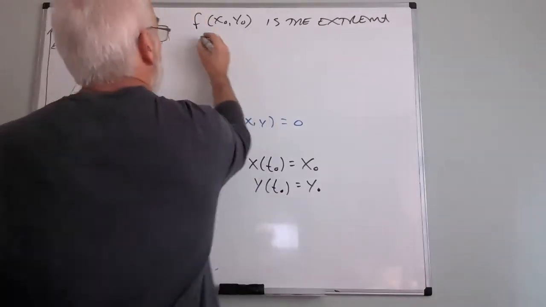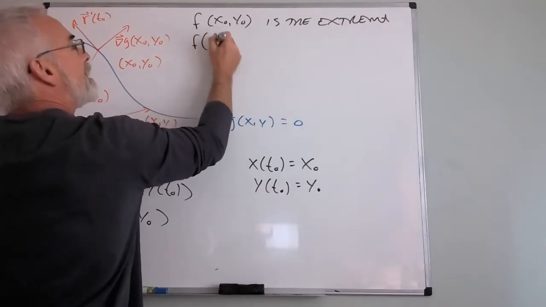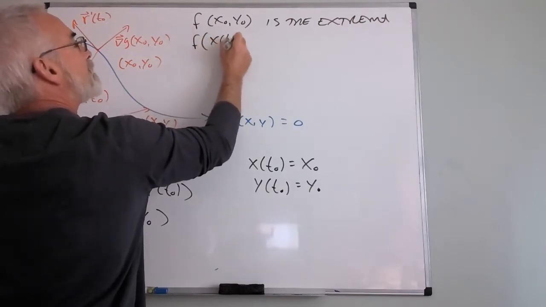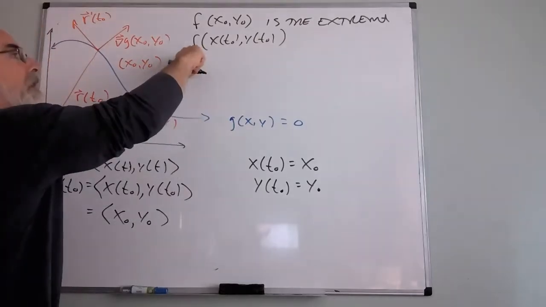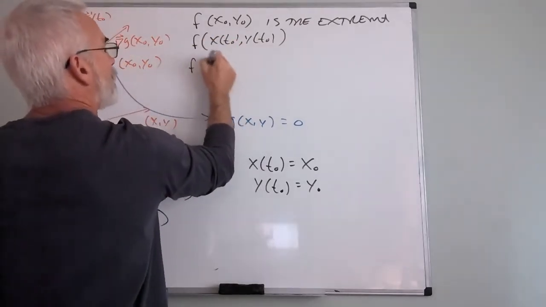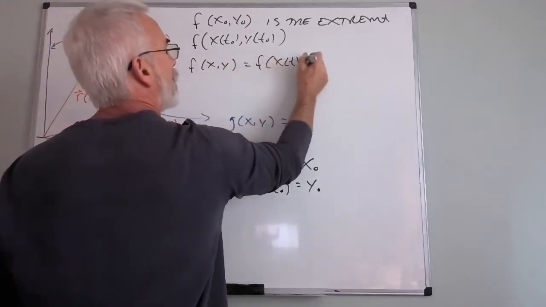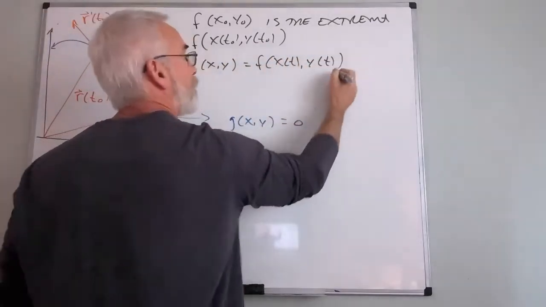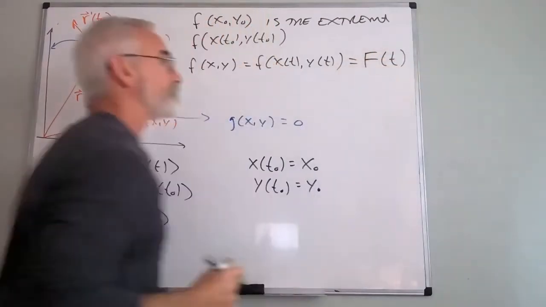Now, since technically this is x of t naught, y of t naught, I want to redefine this function f of x, y, which is f of x of t, y of t. Technically, I want to redefine this as capital F of t.